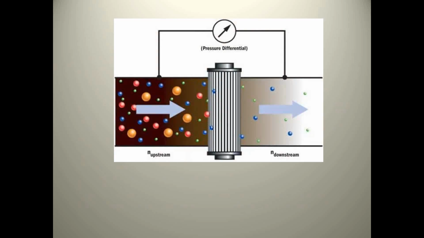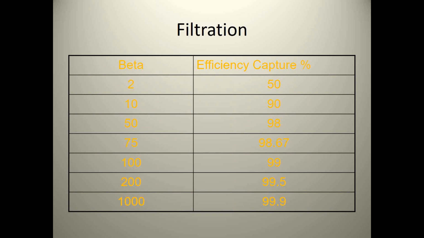So here's what it would look like in a lab condition. You have particles upstream that are measured, and particles downstream. We develop this beta rating. Some common beta ratings: a standard car filter, if you buy the cheap one that Fram puts out, may have a beta rating of 2, an efficiency rating of 50%.